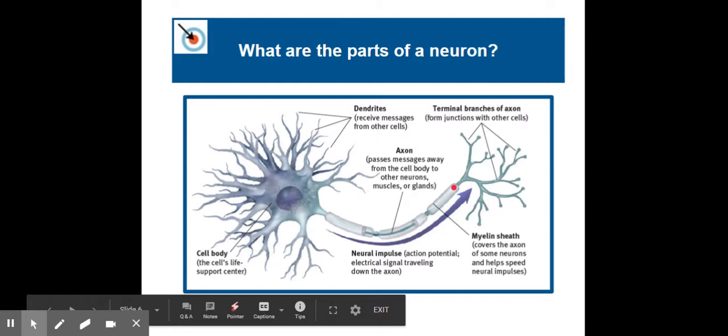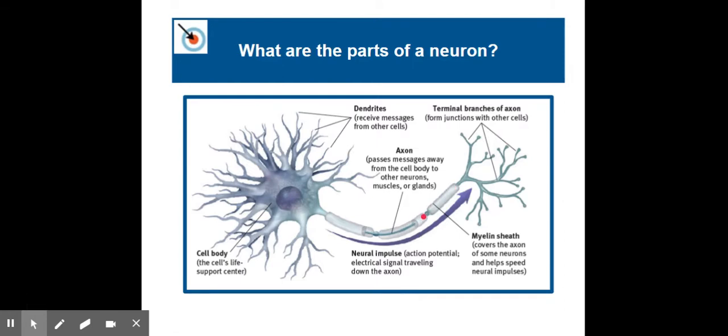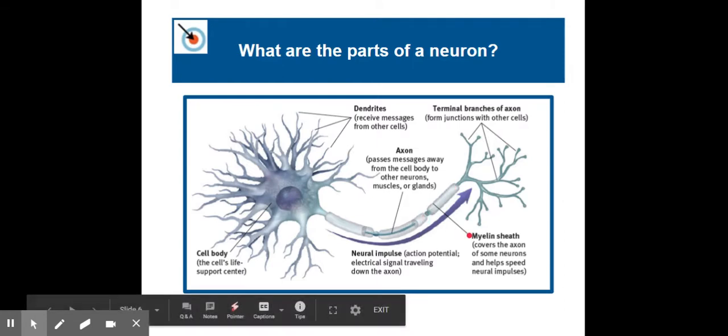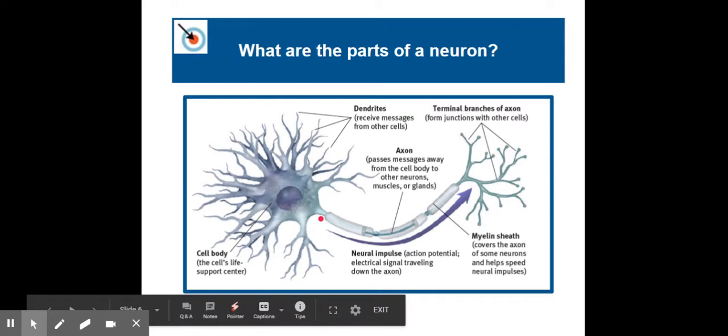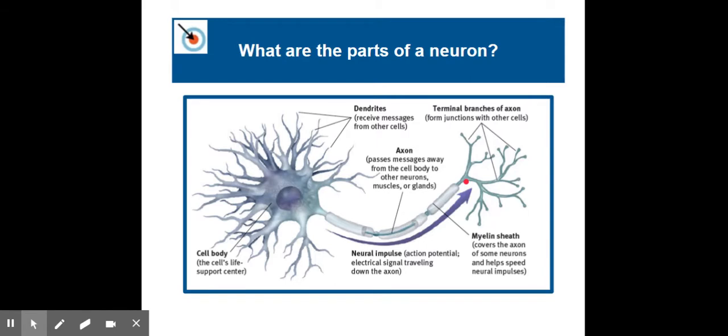All right, that axon is further covered by a fatty substance called the myelin sheath. Now, most neurons have this myelin sheath, not all, but this myelin sheath helps the conductivity of the electrical charge that gets sent from the cell body down to the end of the axon.